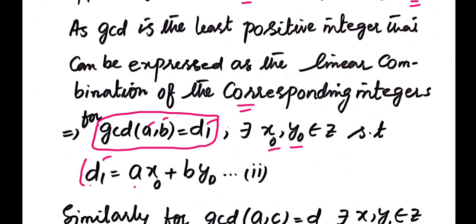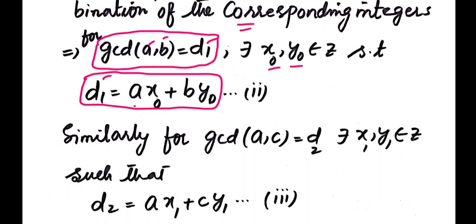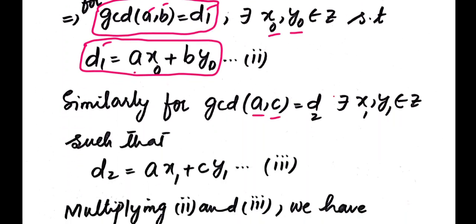So D1 can be written in this form. Similarly, when you consider the second GCD of A and C, this is equal to D2. We can find other integers x1 and y1 such that we can express D2 as a linear combination of A and C. That is A times x1 plus C times y1. This is equation number 3.